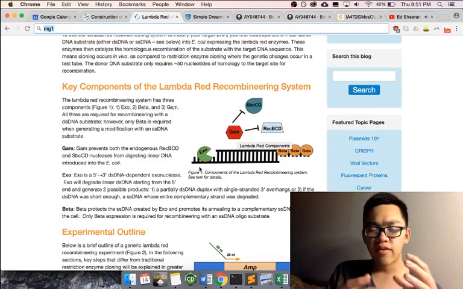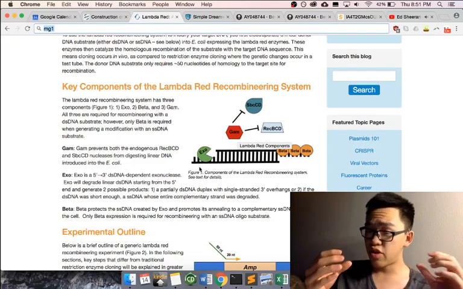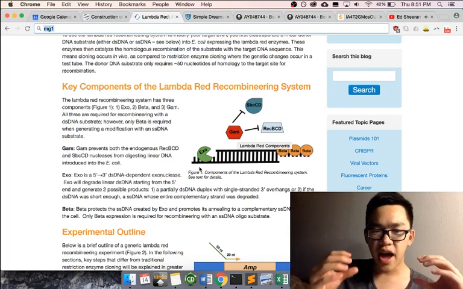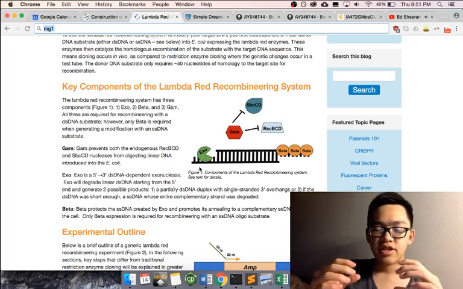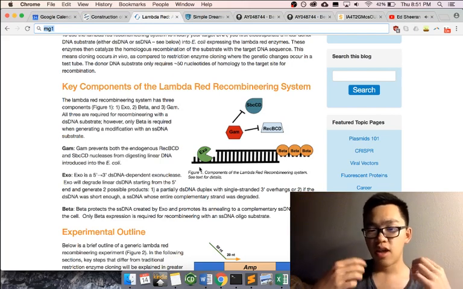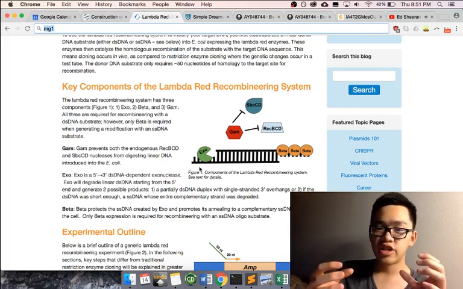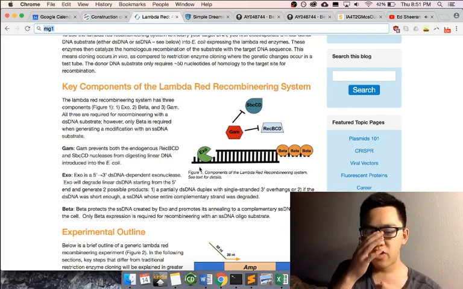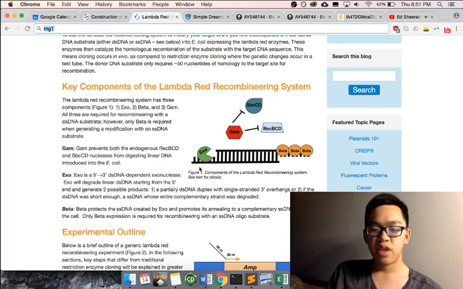After we have that double-stranded PCR product, exo chews back as an exonuclease until you get double-stranded DNA with single-stranded ends. Beta protects those ends from degradation, and gam goes one step further to inhibit the RecBCD system, the bacterial DNA repair system. By inhibiting that, we allow single-stranded DNA to persist within the bacterial cell.